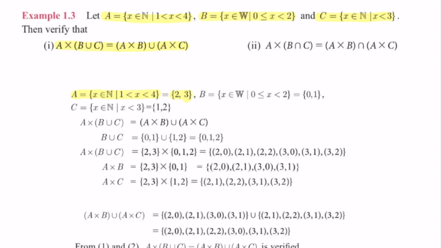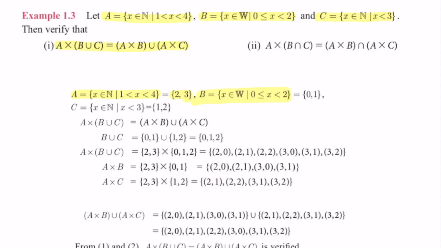Now let us go into the set B. B is equal to x such that x belongs to W where 0 is less than or equal to x less than 2. W is the set of whole numbers. So W is equal to 0, 1, 2, 3 and so on. So the condition given to x is 0 is less than or equal to x. So B has to have the value 0 as its element.